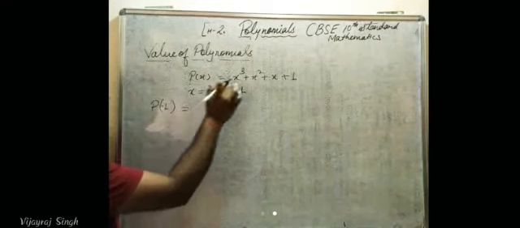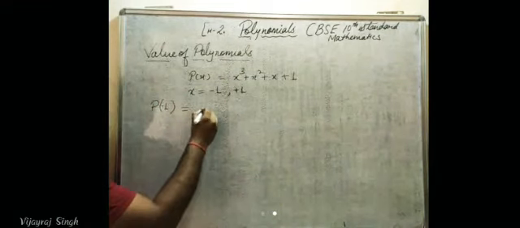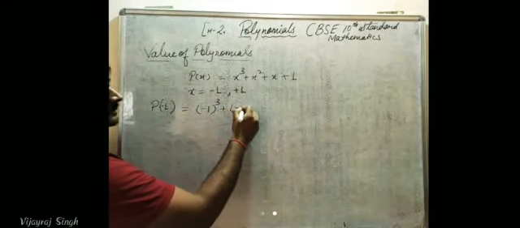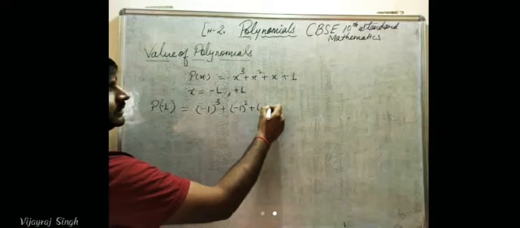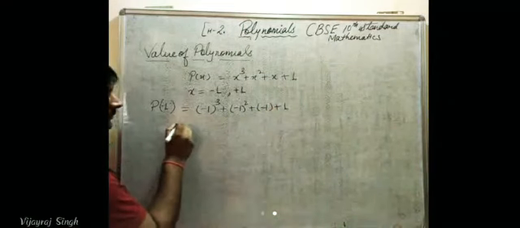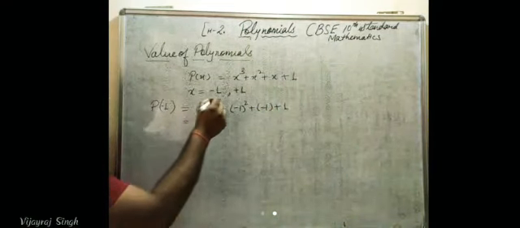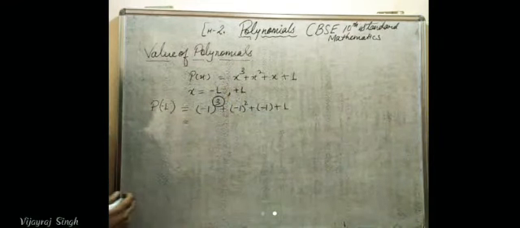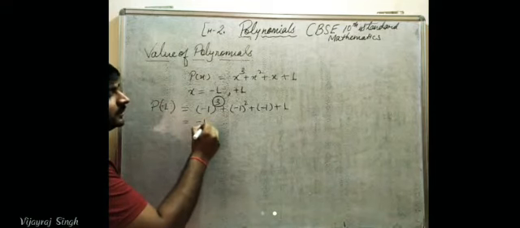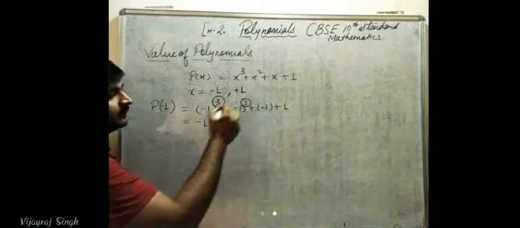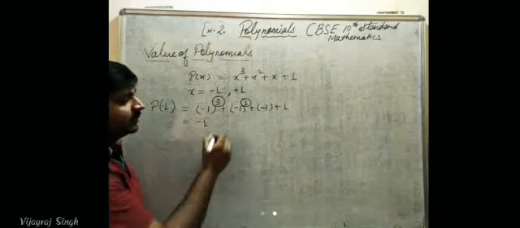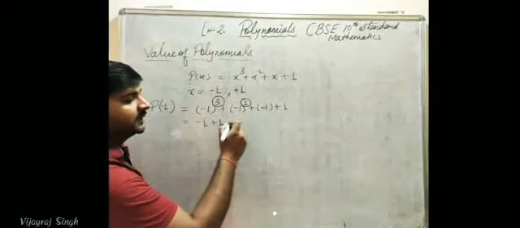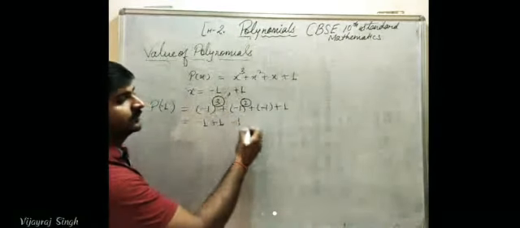Wherever there is x, we will write minus 1, like this: minus 1 cube, minus 1 square, minus 1 and plus 1. Everyone knows if the power is odd, negative will be there, and 1 cube is 1. If the power is even, the minus will be removed, that's why plus 1. This is a single power, that's why minus 1, and this is plus 1.